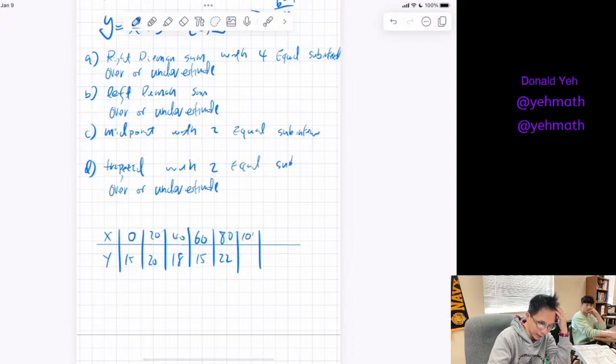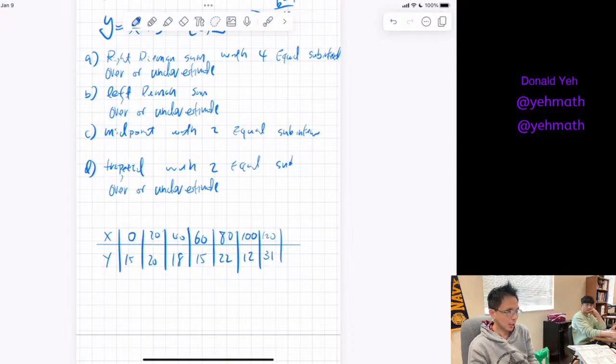I can say 100 is equal to, I don't know, whatever, 12. And I can say 120 is equal to 31, something like that. Okay, I can say I want 6 intervals, or I want 3 midpoints.